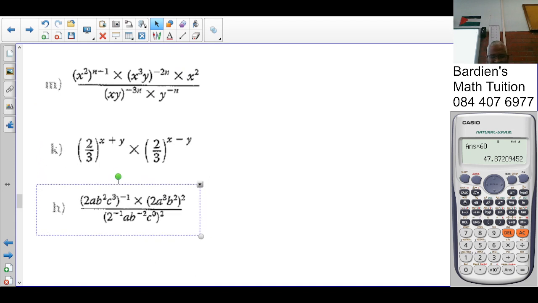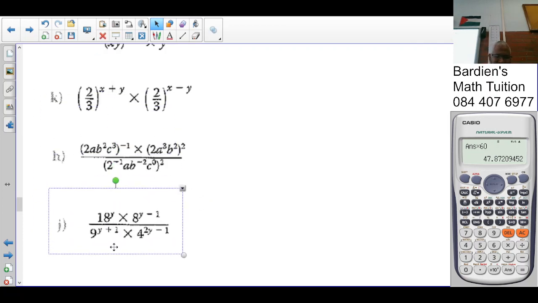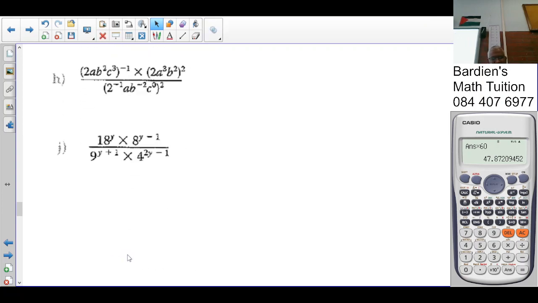J, H. This is almost everything. I must put some trinomials on the side. L. N? F and N.